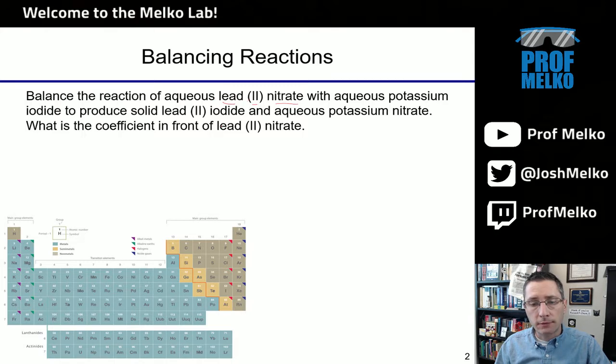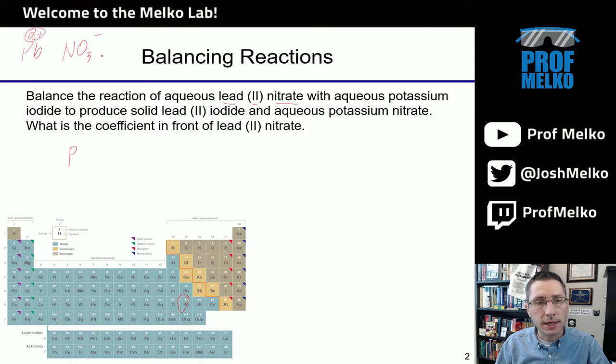For lead(II) nitrate, lead I've learned is Pb, and this II tells me that the charge on lead is 2+. Nitrate is a polyatomic. Maybe you've memorized it, maybe you need to look it up in the polyatomics table. Either way, you can find nitrate in that table as NO3 1-. Now, because these charges don't match, if it was 2+ and 2-, then it'd just be a 1-to-1 ratio of lead and nitrate. But since lead is twice as charged as nitrate, I need to account for that in the chemical formula.